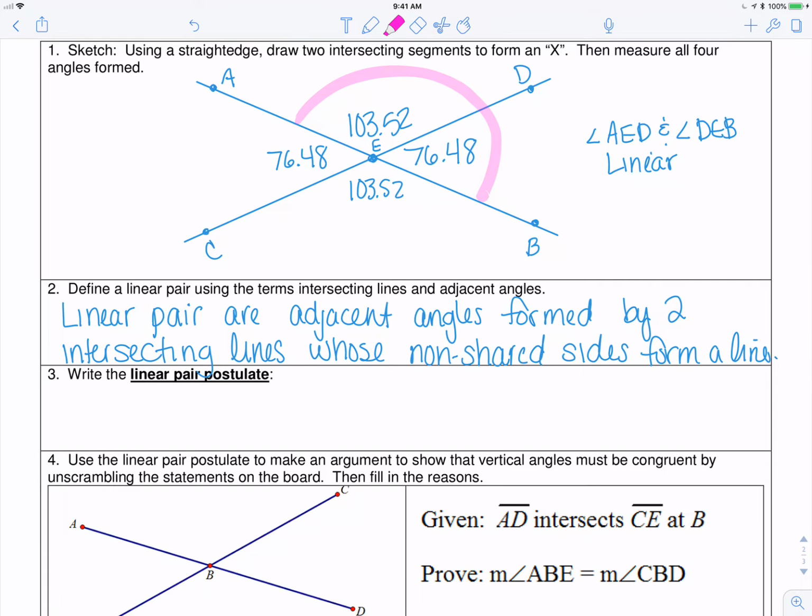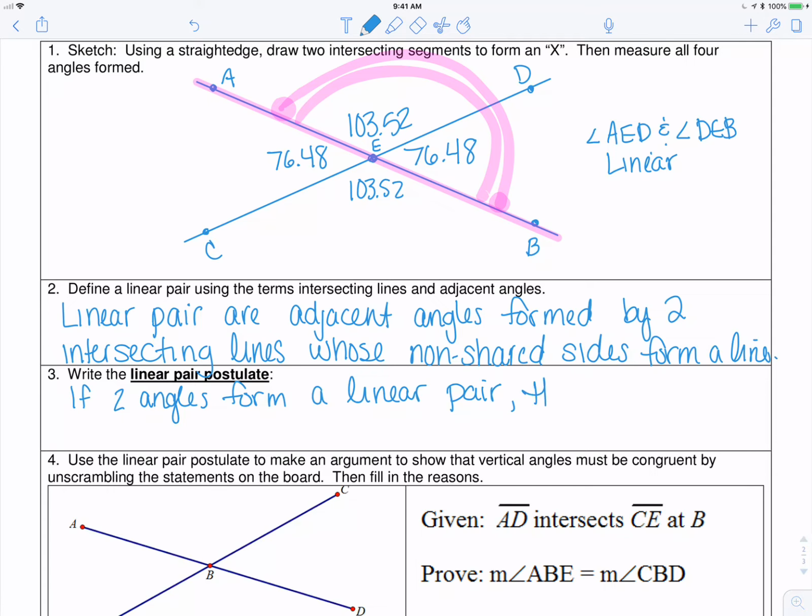And that makes a lot of sense, since if I start measuring here and measure all the way over here, I've gone a straight line, and the measure of a straight line or a straight angle is 180 degrees. So if two angles form a linear pair, then they are supplementary.